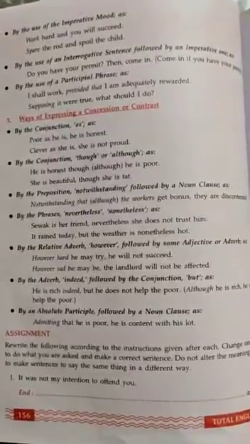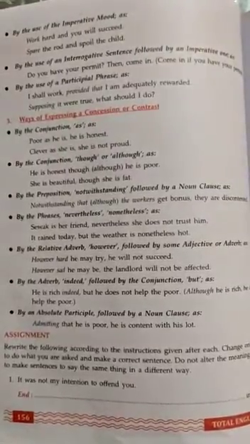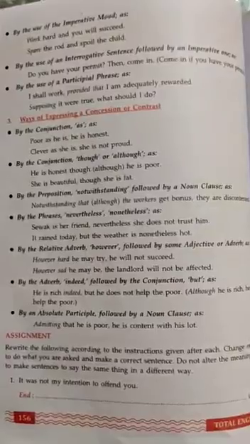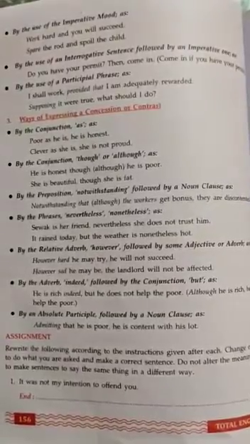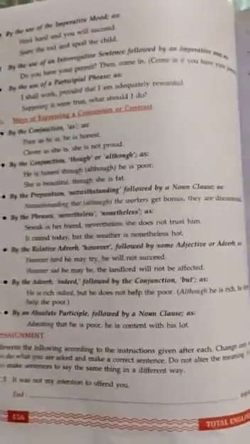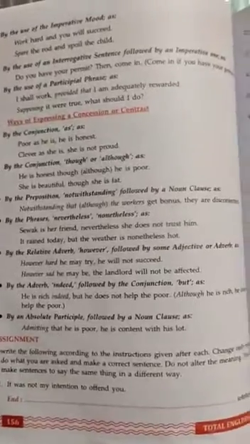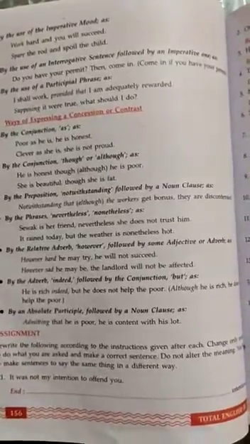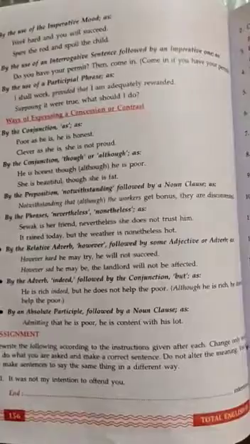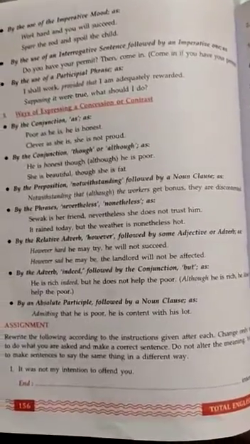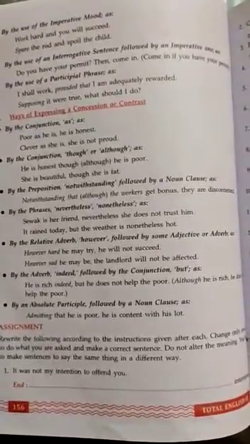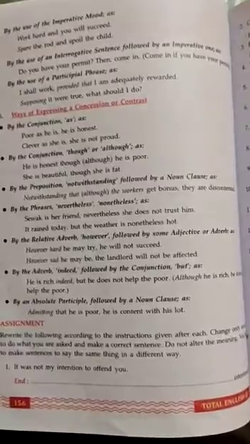So that's the meaning. By the conjunction though or although. As he is honest, though he is poor, as I already told you. And you can follow these examples, you can read and study them in the same way. By the preposition notwithstanding followed by a noun clause.